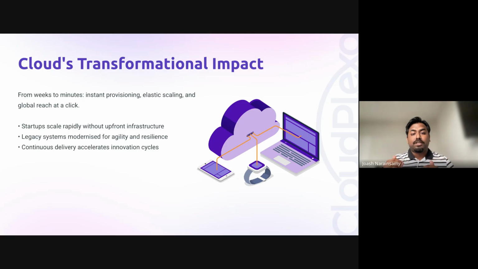So today, those same activities can happen in minutes. That speed has transformed the way that organizations innovate. For example, startups can scale globally from day one. Enterprises can modernize legacy systems much faster. Deployment teams can release new features continuously instead of waiting for quarterly deployment windows. Cloud has delivered on its promise to us.